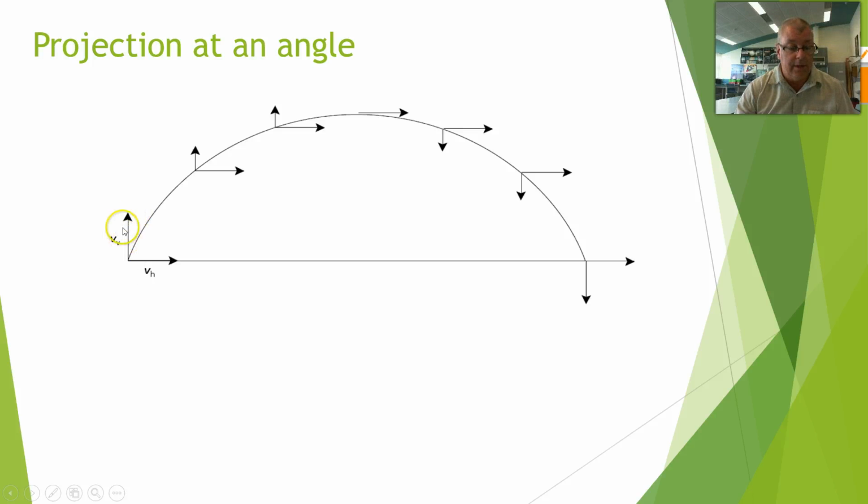And if you look at this, they've again drawn arrows representing the vertical velocity and the horizontal velocity, and in terms of the vertical, as it goes up, the vertical motion is exactly the same as if it goes up and then comes back down. Alright, and that's what these vectors are representing.